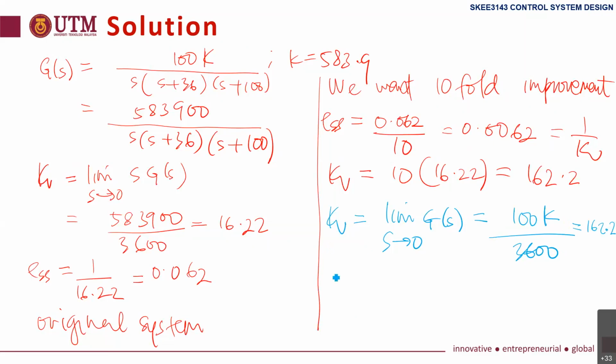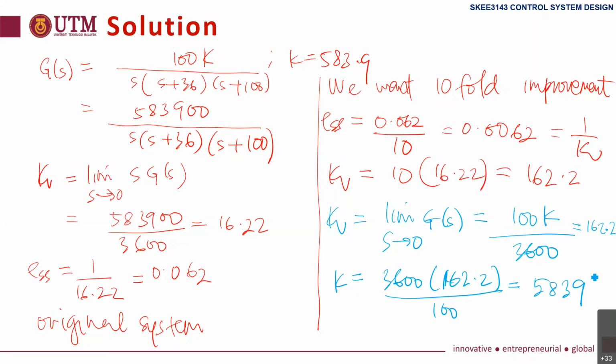Therefore, K is 3600 times 162.2 divided by 100. You calculate, it is 5839 point something, 5839. That is the K that we should use in order to get Kv 162.2.